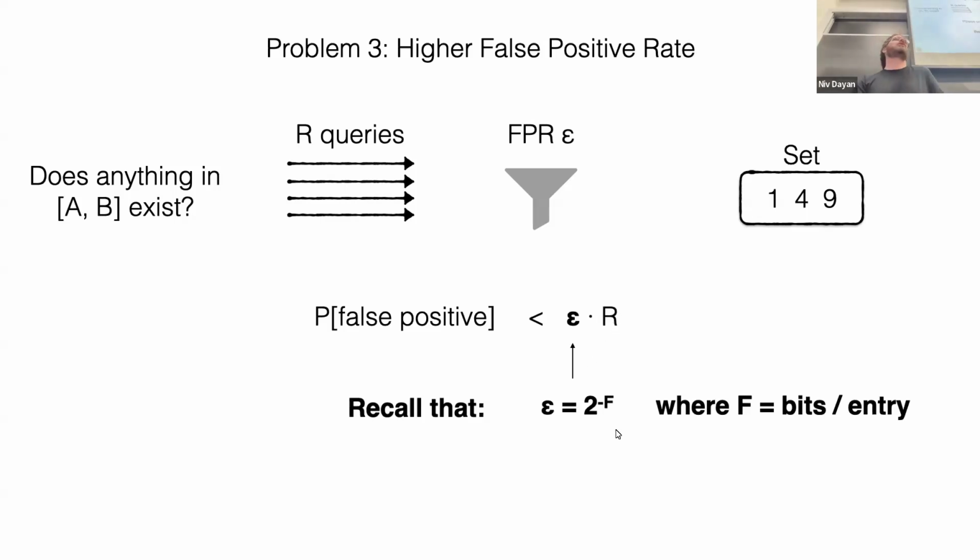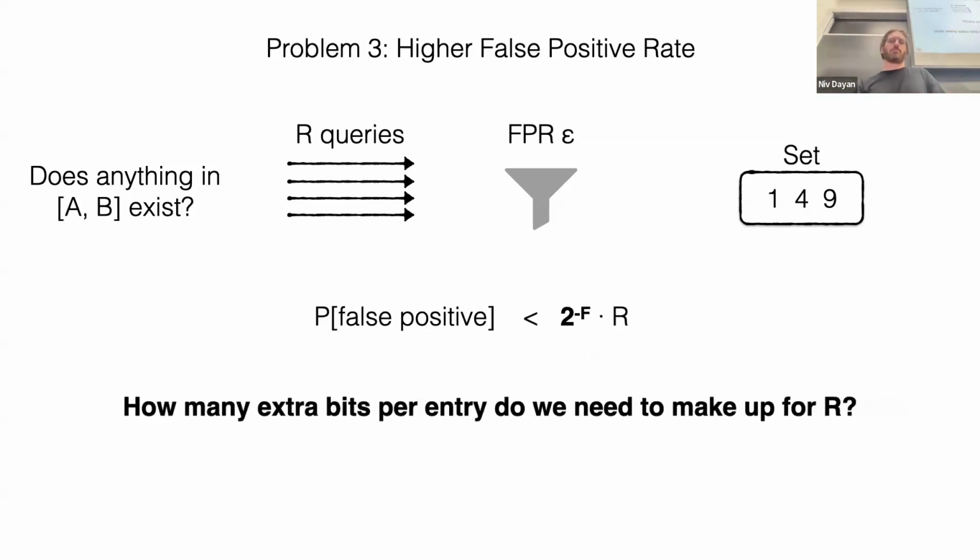I could just use longer fingerprints to cancel that out. And so you might ask, how many extra bits would we need to have the false positive rate of just a regular filter, assuming that we have range filters of size R? By how much longer would your fingerprints need to be? Log R, correct. Because if you take that log R and add that to the exponent here, these two cancel out.